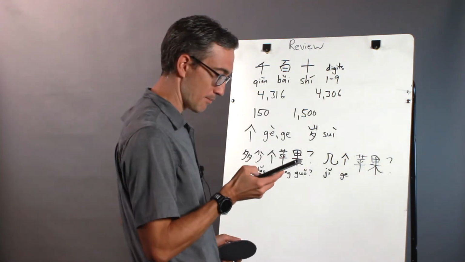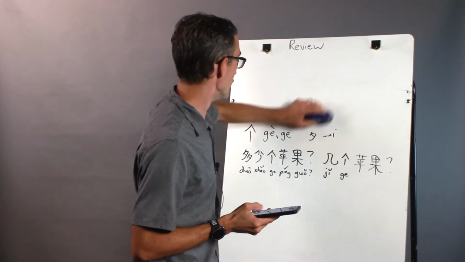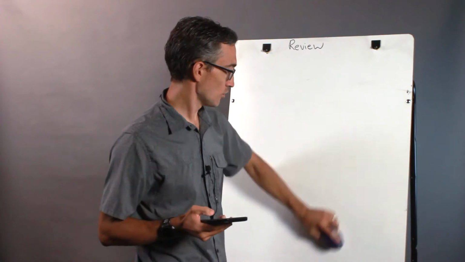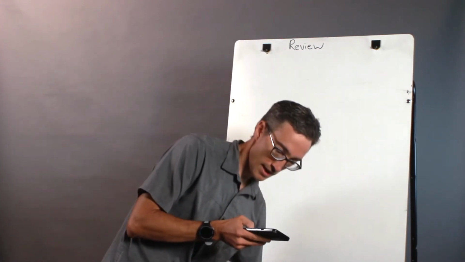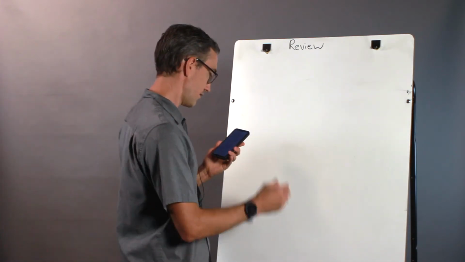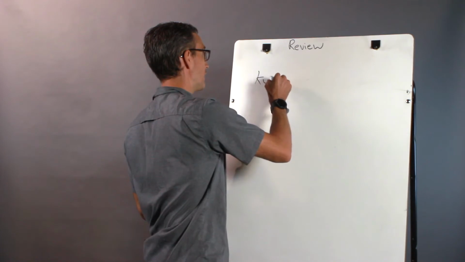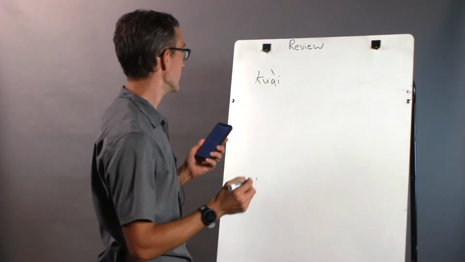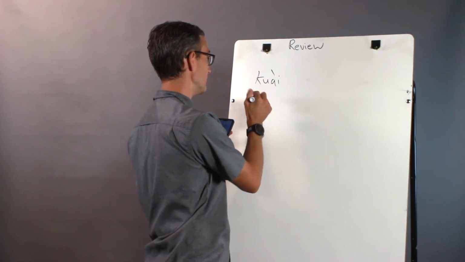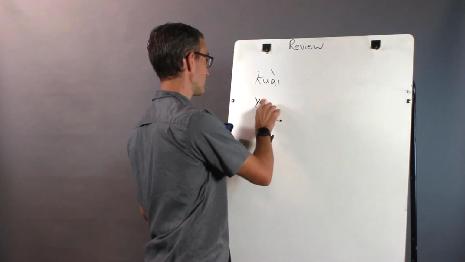Okay, next we're going to talk about money. So the word for money is 钱, and the phrase is 多少钱, how much money. In money we go from 块, that's the main unit of money, or in China you can also say yuan, which looks like this.